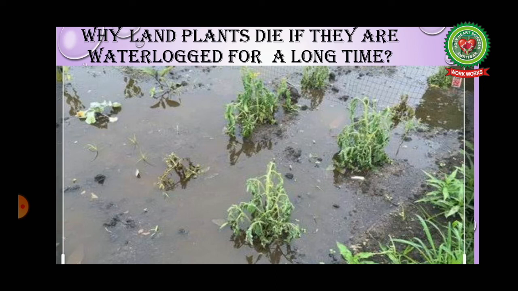Therefore, the roots undergo anaerobic respiration, due to which ethyl alcohol is produced, and this ethyl alcohol ultimately kills the plant. So therefore land plants die if they are waterlogged for a long time.